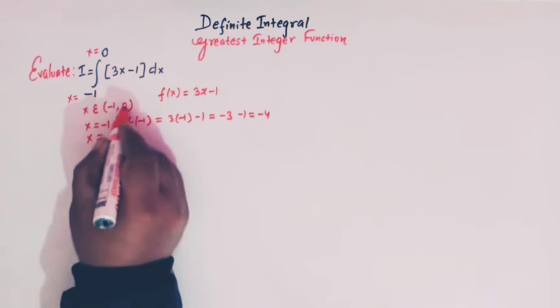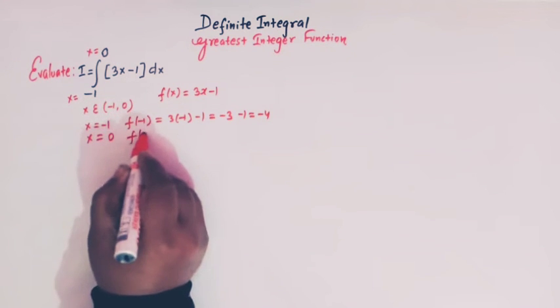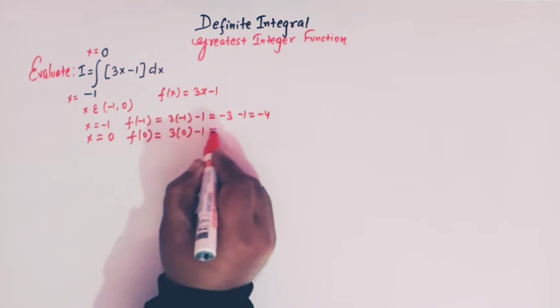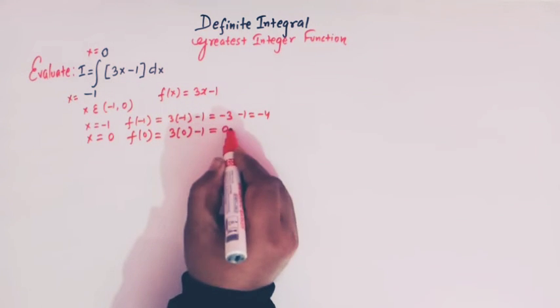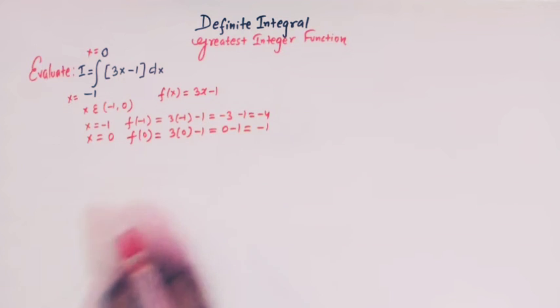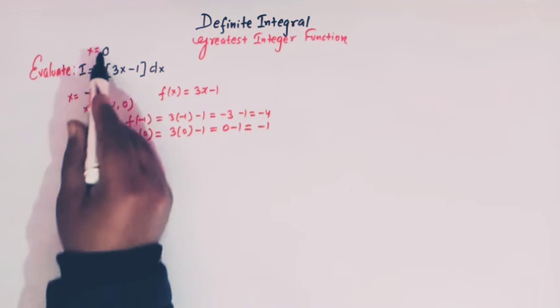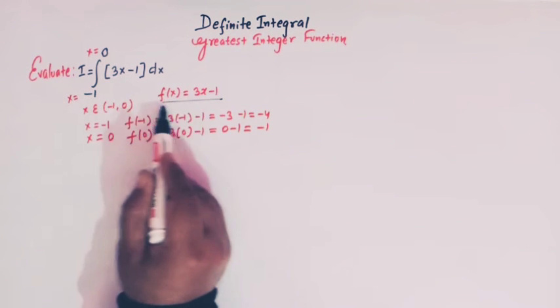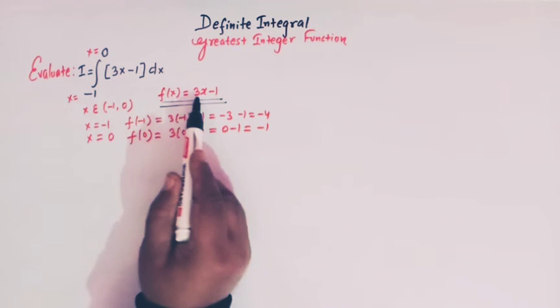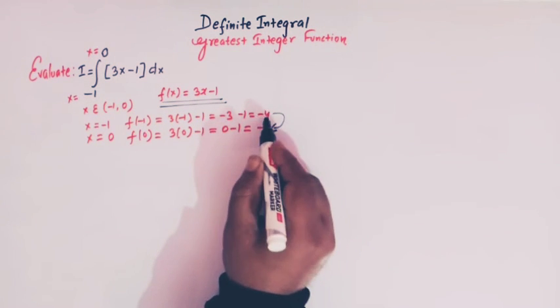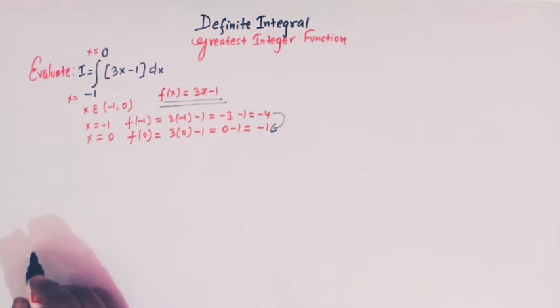And when x is 0, f of 0 is 3 times 0 minus 1, that is 0 minus 1, which is minus 1. So when x varies from minus 1 to 0, the function 3x minus 1 varies from minus 4 to minus 1.